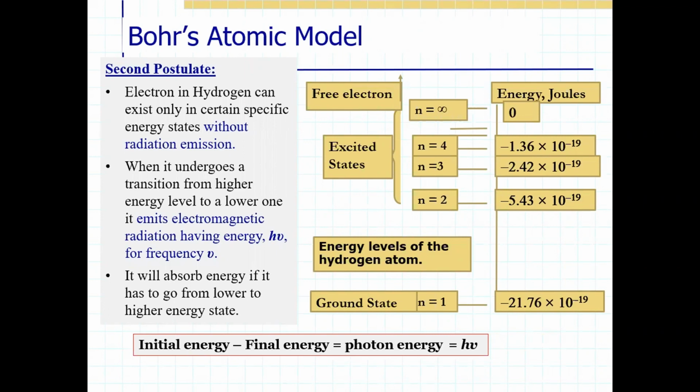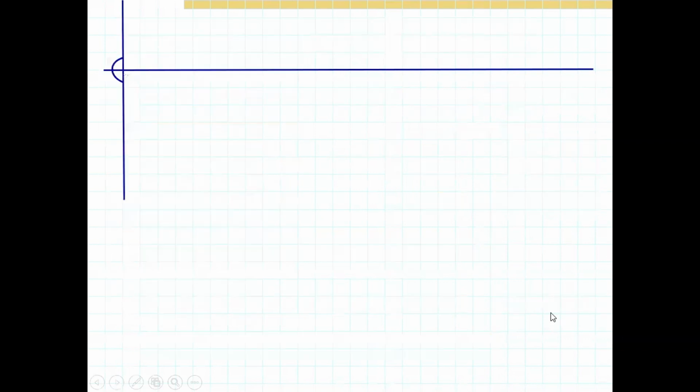The conversion factor is 1.6 × 10^-19. And we can see that when an electron falls from initial energy to final energy, then it emits the energy in the form of a photon, and it is h nu. The nu is the frequency. That was the second postulate of Bohr's atom.